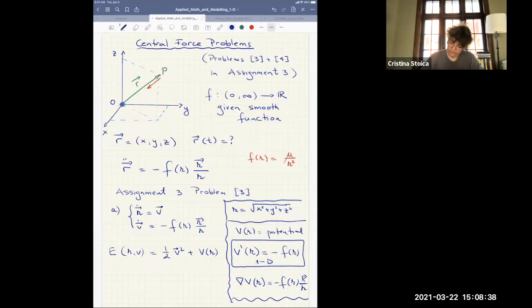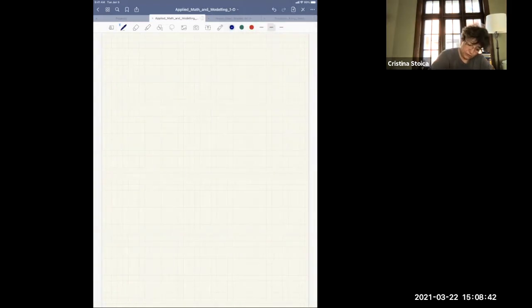To fix this idea, for example, if you have V of r equal to 3r squared, where r is the square root of x squared plus y squared plus z squared, what is the gradient of V?